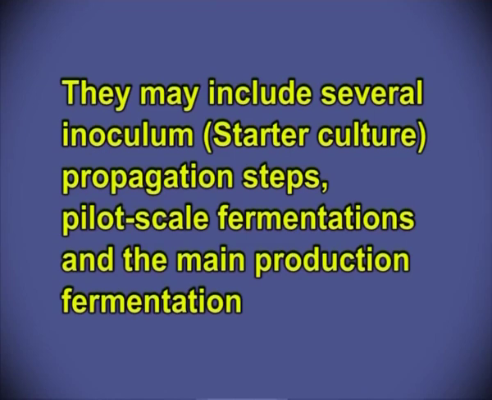They may include several inoculum, that is starter cultures, propagation steps, pilot scale fermentations and the main production fermentation. Detailed investigation is needed to establish the most suitable medium for an individual fermentation process, but certain basic requirements must be met by any such medium.